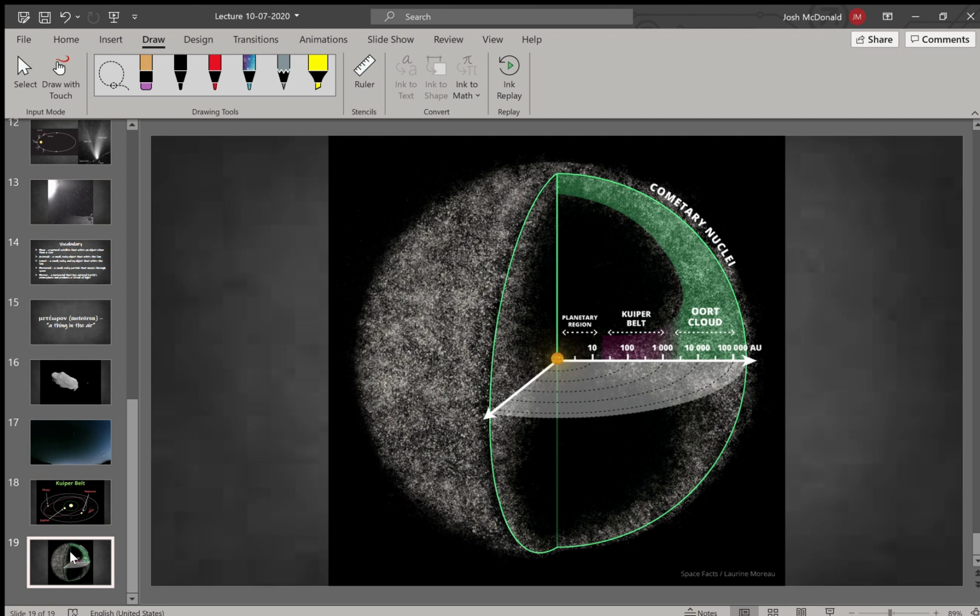But then we have this hypothetical area called the Oort cloud. And this would actually be more spherical, but it's thought to surround the entire solar system. And it's thought to be made up of what are called cometary nuclei. So they propose that this is where most comets come from.